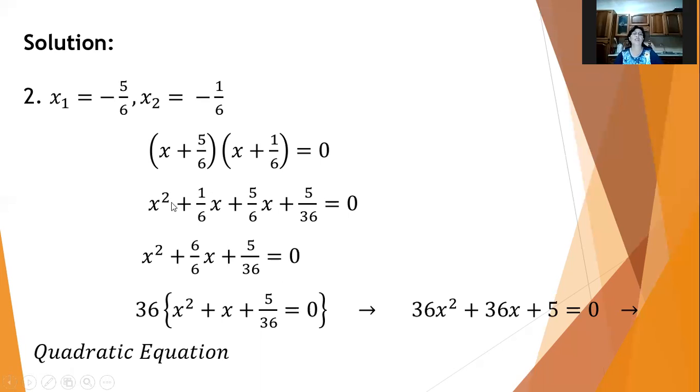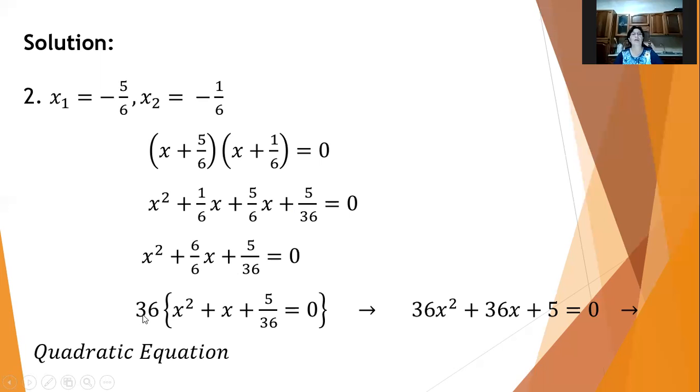Then combine like terms. Bring down x squared plus 1 plus 5 is equal to 6 over 6x plus bring down 5 over 36. In this equation, you have to find the LCD, the least common denominator, which is 36, or multiply the whole equation by 36. 6 over 6, simplify this one. 6 over 6 is equal to 1, and 1 times x is equal to x.